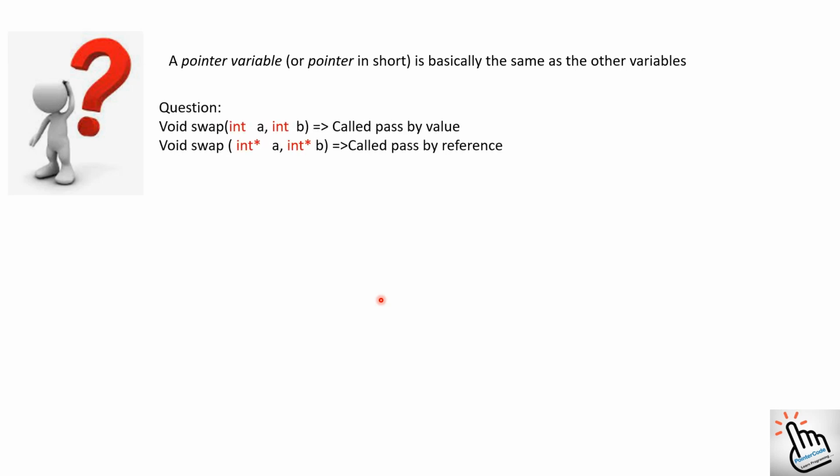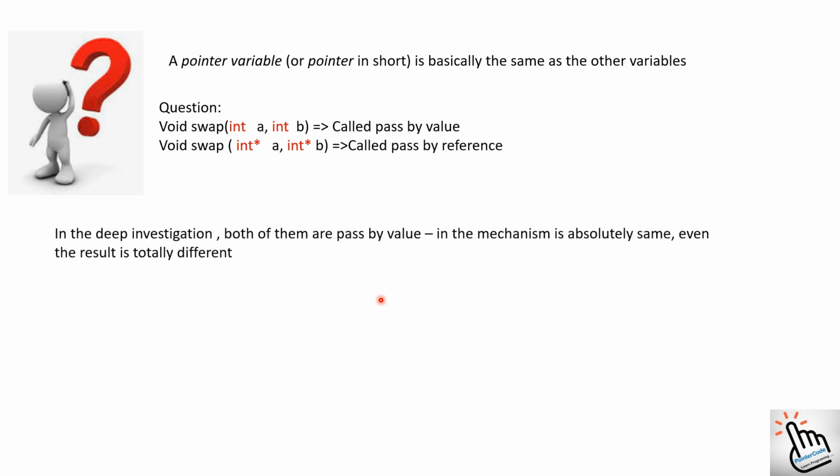But we have two functions: swap int A and int B, which we call pass by value, and swap int *A and int *B, which we call pass by reference. So what is the difference here?